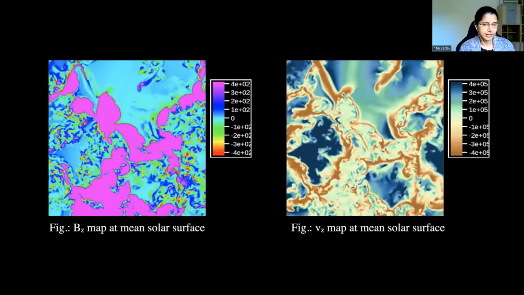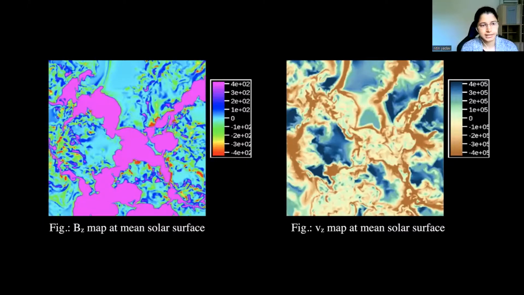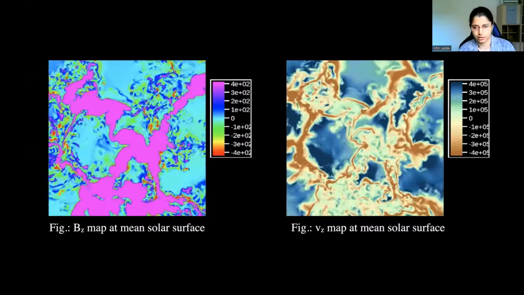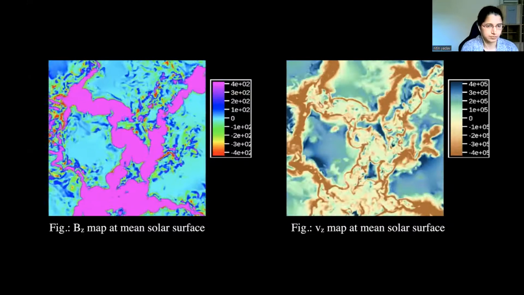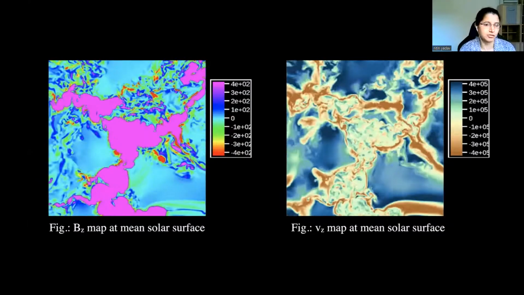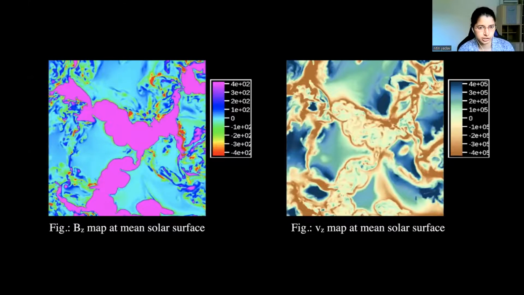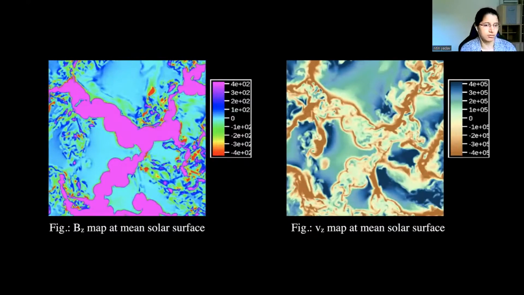So on the left-hand side, we have the vertical component of the magnetic field vector. And on the right-hand side, we have the vertical component of velocity at the mean solar surface. Here we can see that although our field in the simulation is very strong, it's a strongly magnetic plage region, it is continuously evolving.